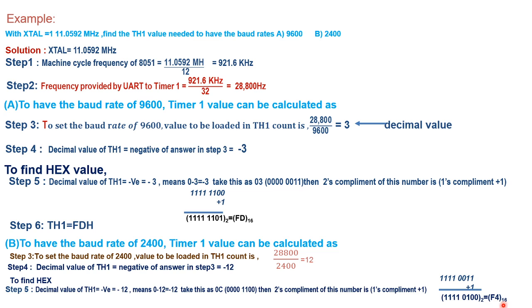So F4 hexadecimal value is loaded in TH for the baud rate 2400. So TH is equal to F4H.